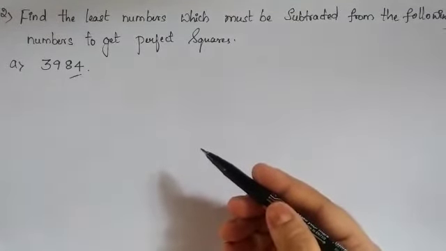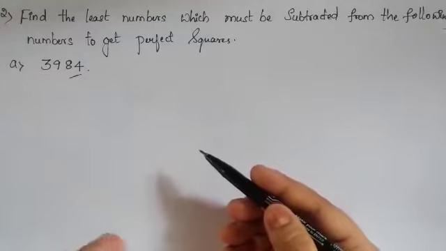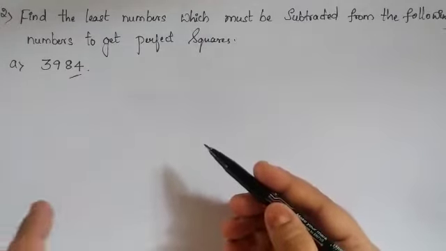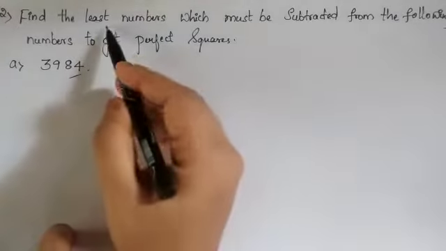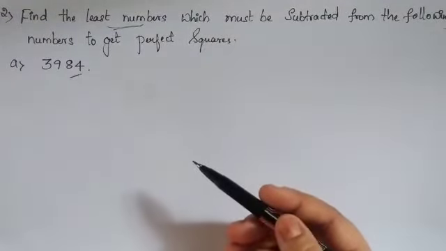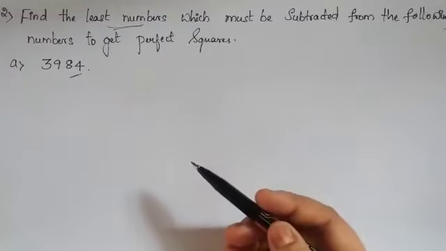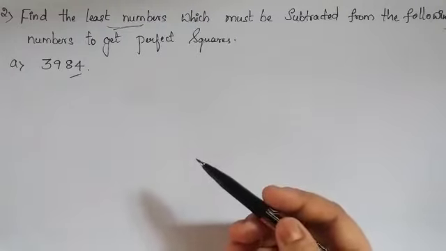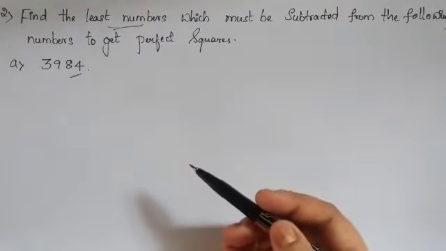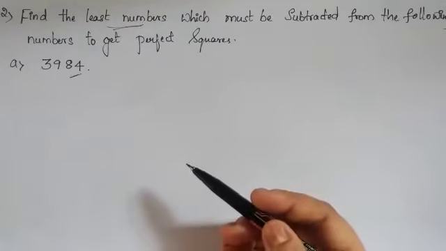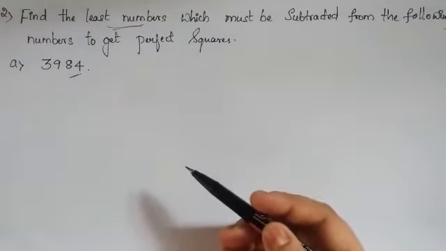To make this number a perfect square, I have to subtract the smallest number. This type of problem we have done in the prime factorization method. Only the method is different, but the procedure you followed there, the same you follow here.